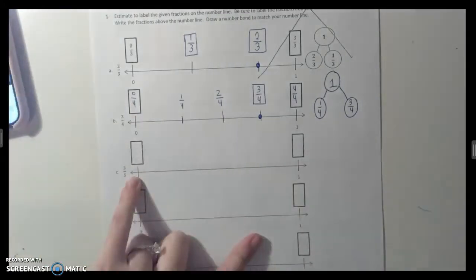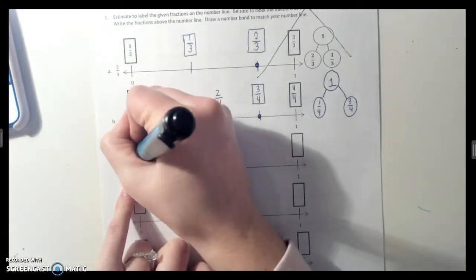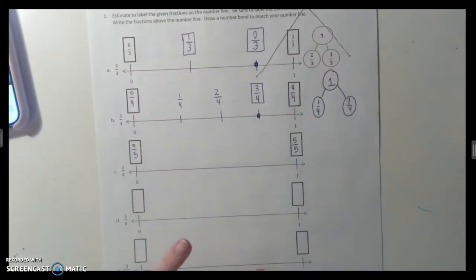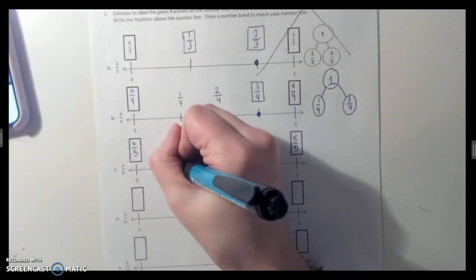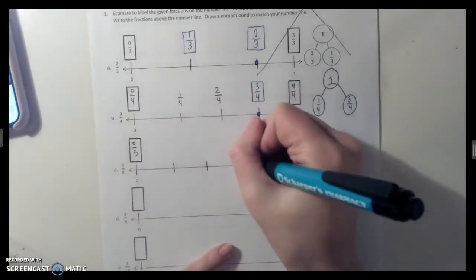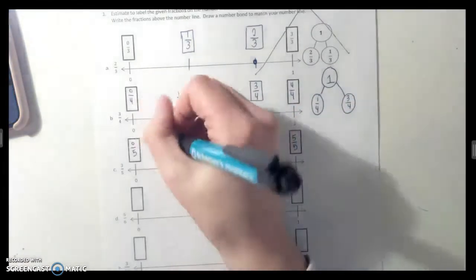And letter C, they want us to do 3/5. So I know this one is 0/5. This last one is 5/5. And now we will separate our number line. So we have 1/5, 2/5, 3/5, 4/5, and 5/5.